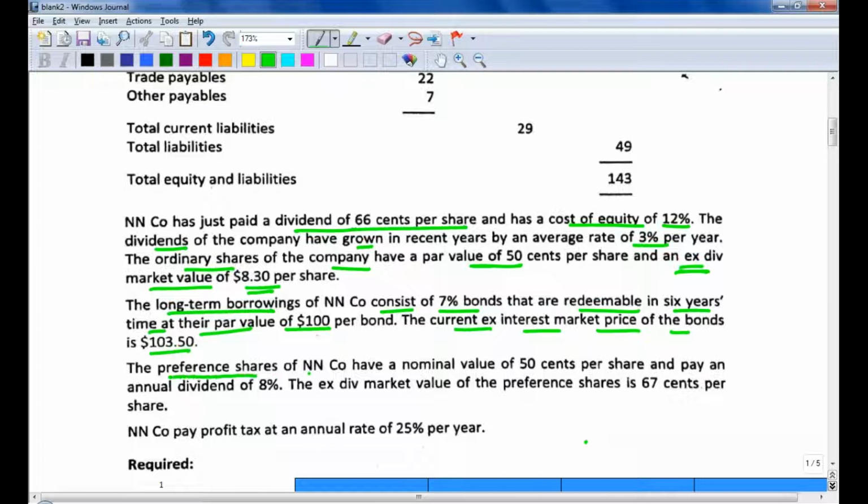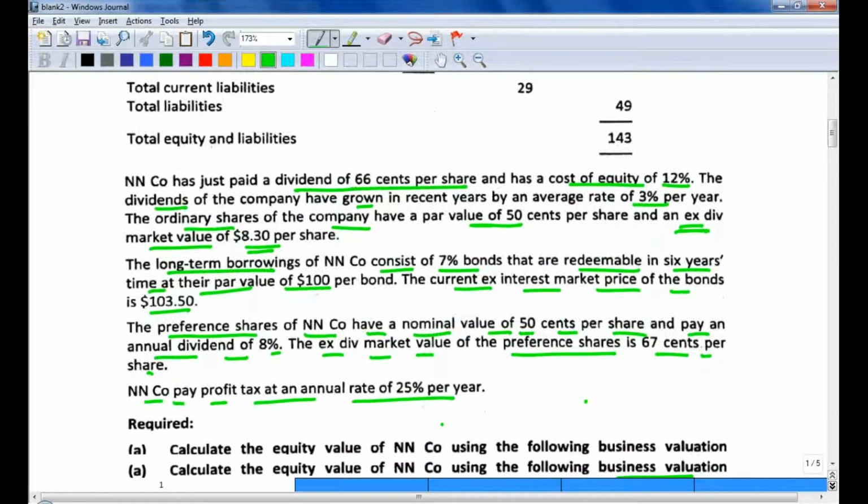Preference shares of NN company have a nominal value of 50 cents per share and pay an annual dividend of 8%. Current ex-dividend market value of preference shares 67 cents per share. NN company pays profit after tax annual rate 25% per year.